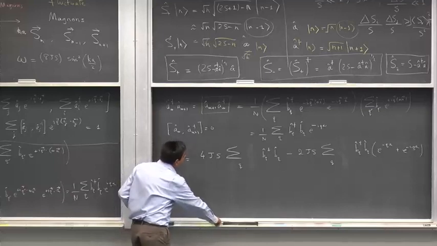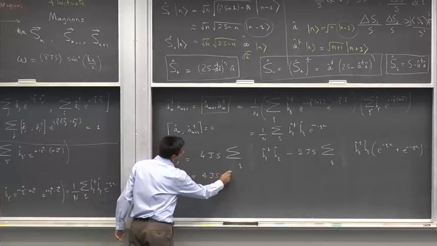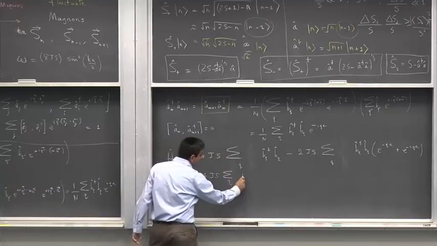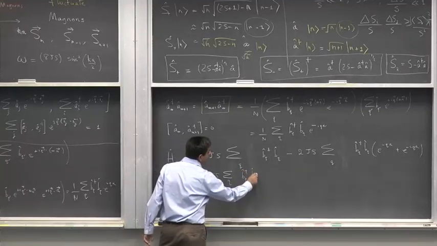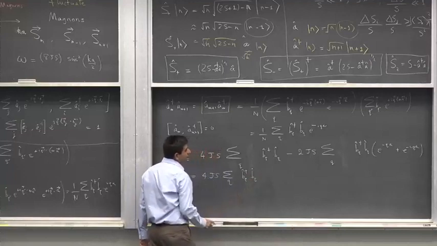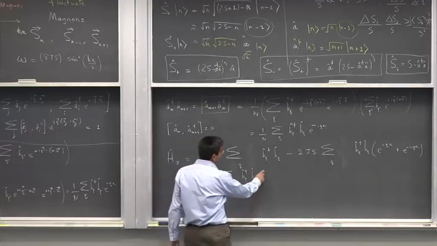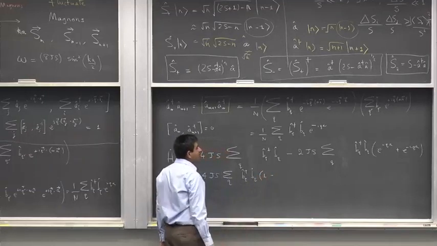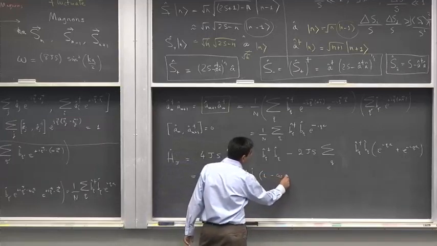Now, if I look here, this is 4JS sum over q, bq dagger bq, times one. Now, what is this? This is 1 minus cosine of qa.